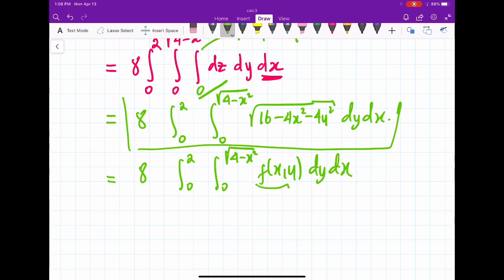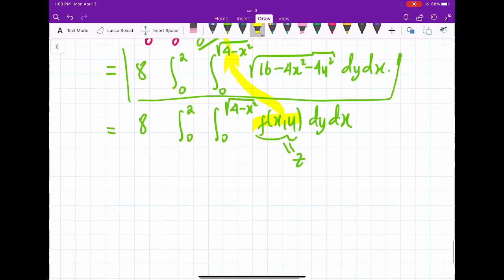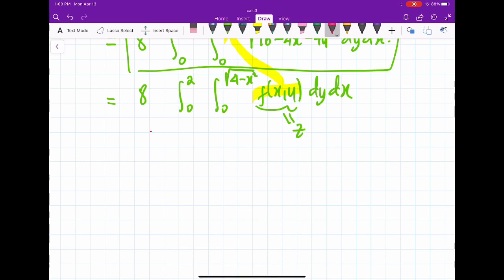You see that? Where this is the z. So, as we discussed how to go from single to double, from double to triple, we just shift the function, right, to the integration limit right here. That's it. Now, our job is to evaluate this double integral.